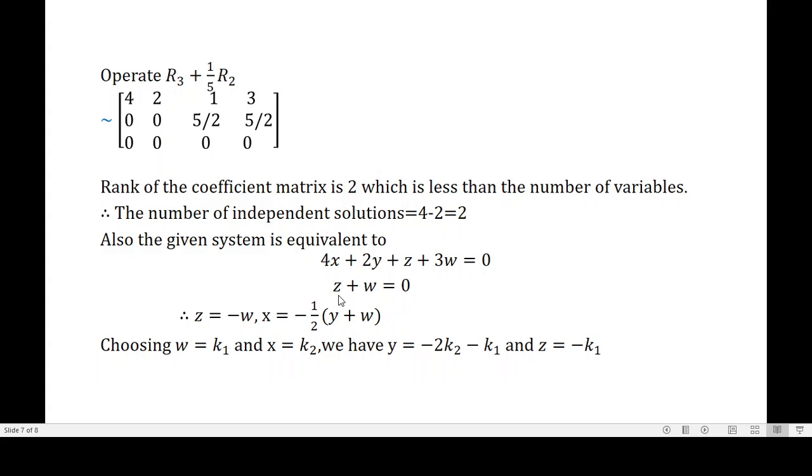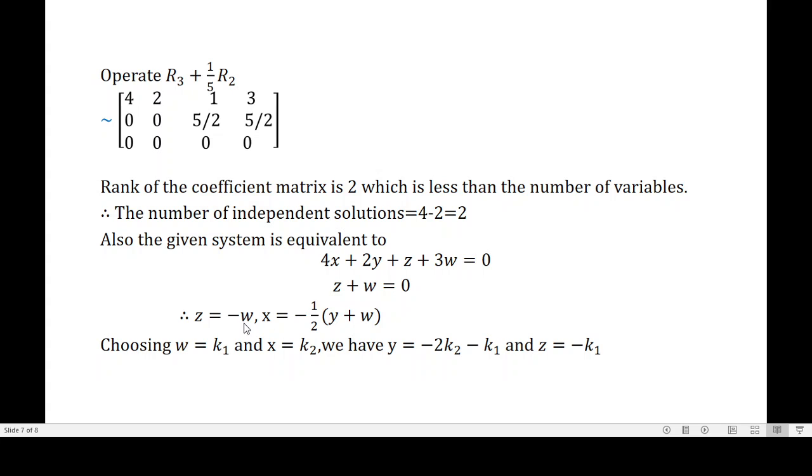In other words, z is equal to minus w. So if we substitute z is equal to minus w here, we get 4x plus 2y minus w plus 3w is equal to 0. In other words, 4x plus 2y plus 2w is equal to 0, or 2x plus y plus w is equal to 0, or x is equal to minus half into y plus w.